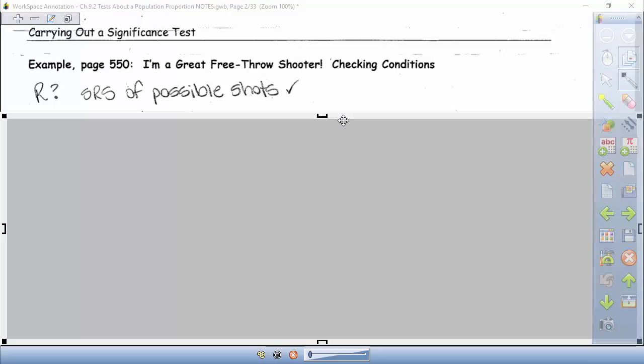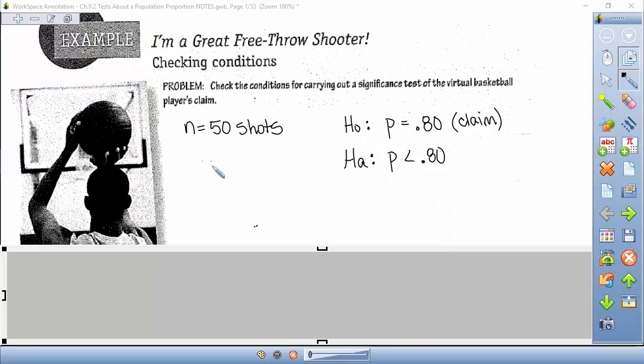How do I do my independent condition? It's not n greater than 30, that's the normal condition. The independent condition is 10 times n less than or equal to what? Big N. My little n was 50, so 10 times 50, we all know that as 500. What's the sentence? We assume there are more than 500 shots in America?